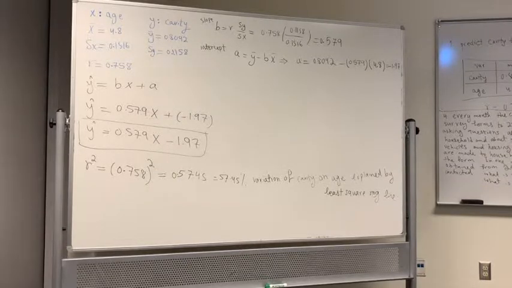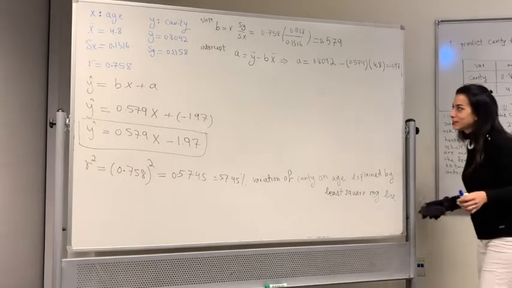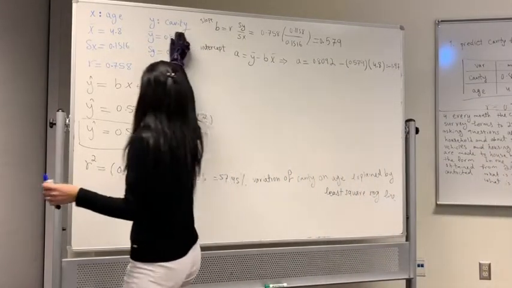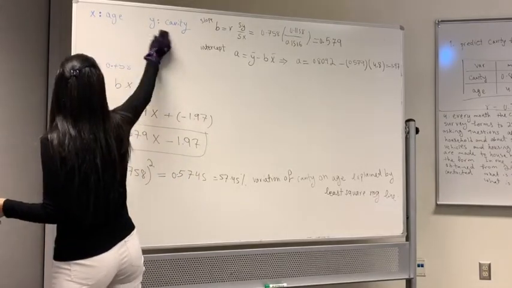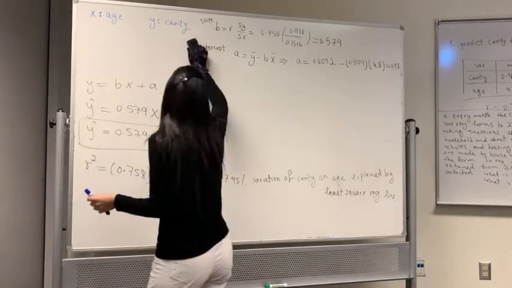So still X and Y are the same, right? We are predicting the number of cavities from age. So X predicts Y, or Y is predicted by X. So the response variable and explanatory variable stay the same in this study. Correct?